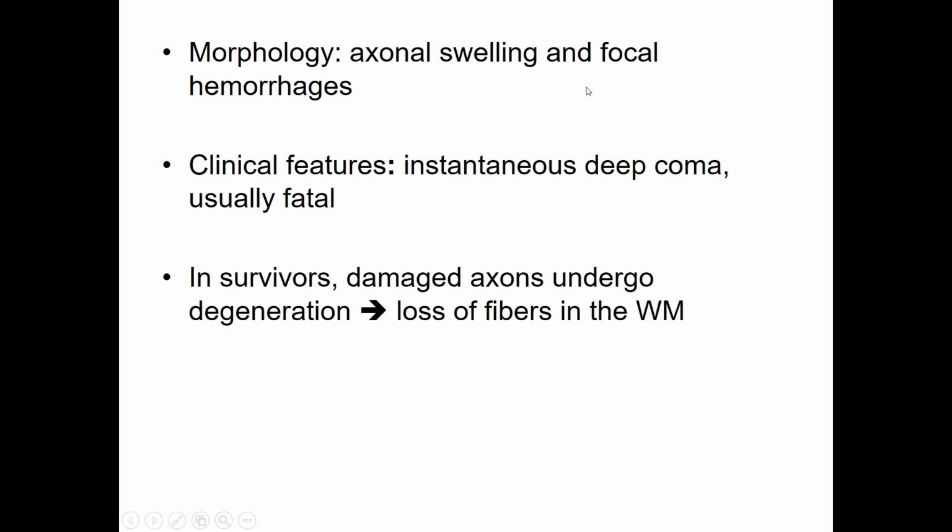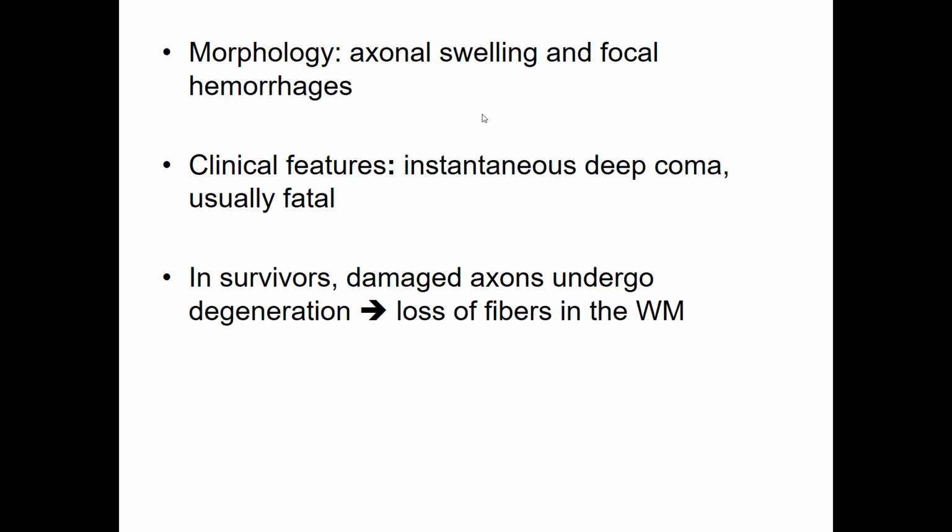These axonal swellings and focal hemorrhages may also occur. I did not mention that, but in more severe cases of this type of injury, not only are the axons torn and twisted, but also the small blood vessels, and if they rupture, they cause small focal hemorrhages. These focal hemorrhages have very characteristic neuroanatomical locations, usually in the paraventricular white matter.